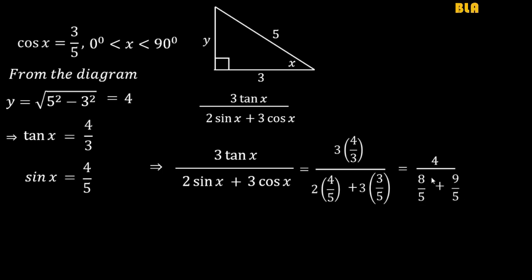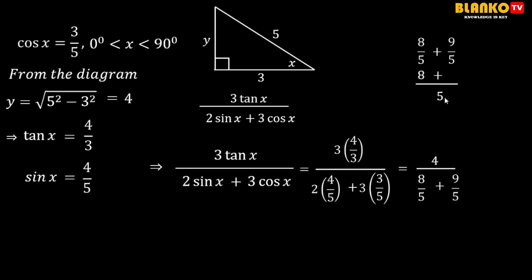So let's simplify this denominator part, by adding 8 over 5 plus 9 over 5. We do that by finding the LCM, which is 5. 5 goes into 5, 1, 1 multiplies 8 to 8.